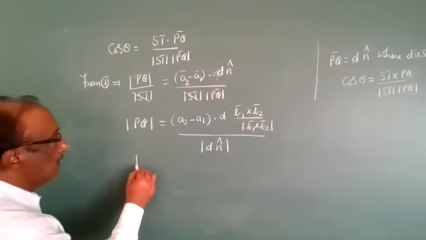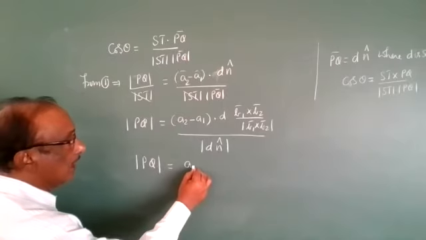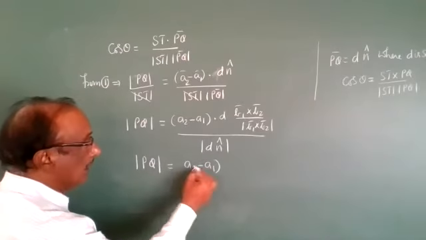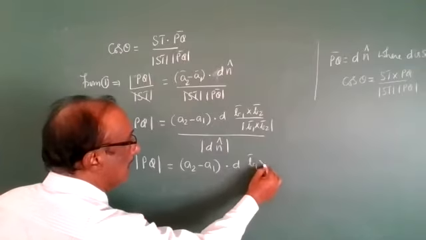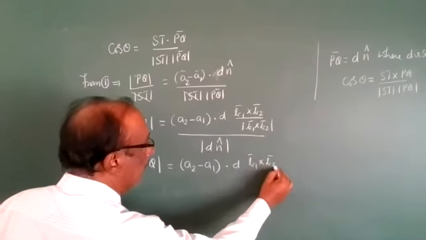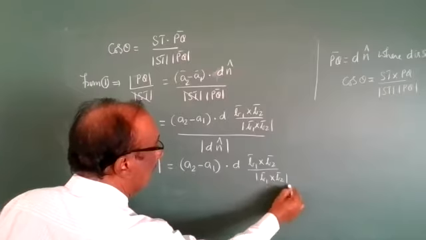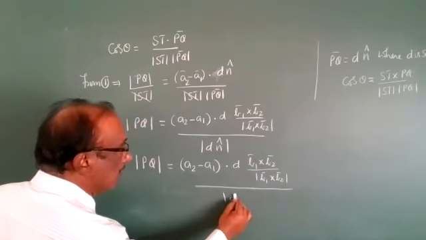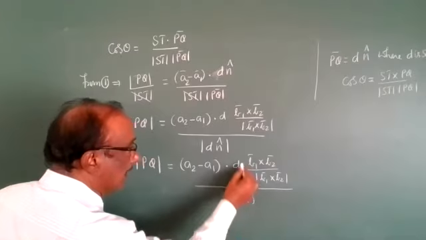So this is the distance PQ, equal to A2 minus A1 dot D, where D is a scalar, into B1 cross B2 bar by modulus of B1 bar cross B2 bar, by modulus of D. It is the same D, and modulus of N cap is 1.